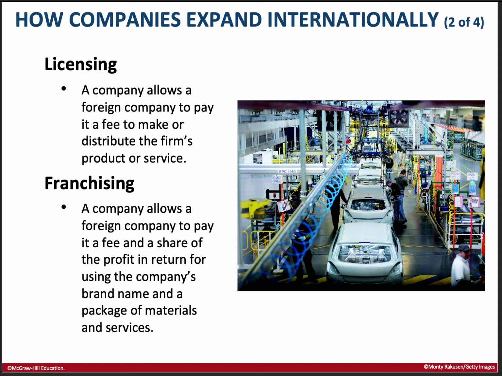Now, an example of franchising, you have your Hilton hotels and Hertz and Burger King. There's other franchising brands that are well known that can provide use of their names, plus their operating know-how. So you can use their equipment, their recipes, their management systems, their facility design, and they can then franchise that out to companies in other countries.